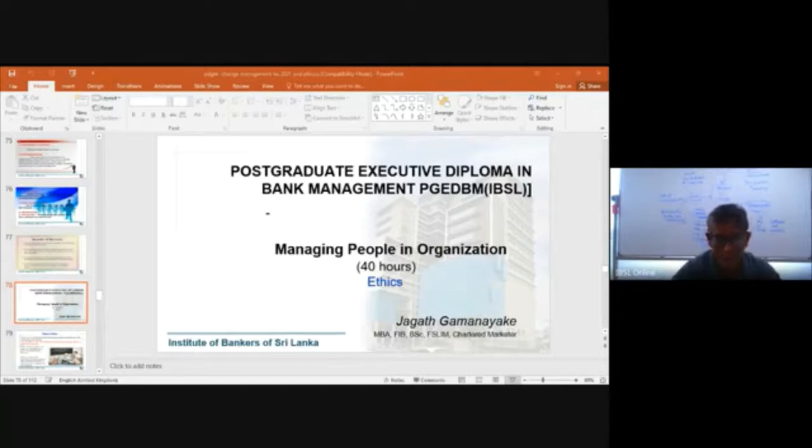That is professionalism. For example, if you are a banker, you need to behave in such a manner as the banking fraternity or banking community expects you to behave. If you are an accountant, you behave as the accountancy body expects.